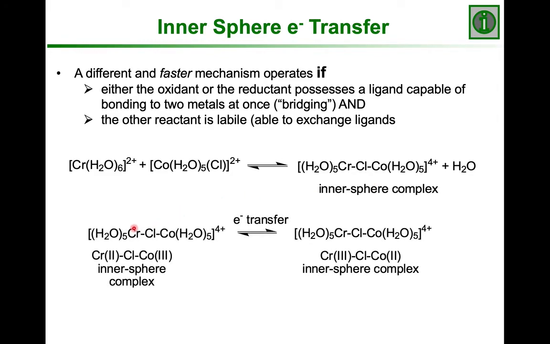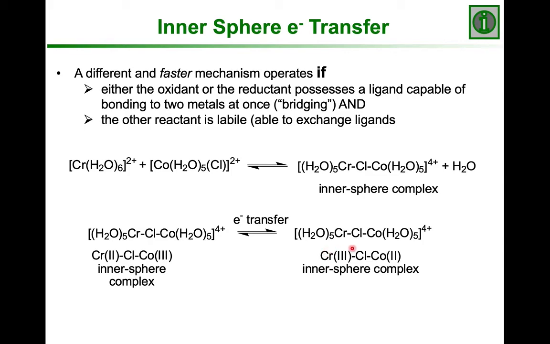Now what can happen is, in the chromium 2, chloride, cobalt complex, the electron can hop from chromium 2 to cobalt, and we've now got chromium 3, chloride, cobalt 2. The chromium has lost an electron and the cobalt has picked up that electron. Still, the whole complex has the same charge.